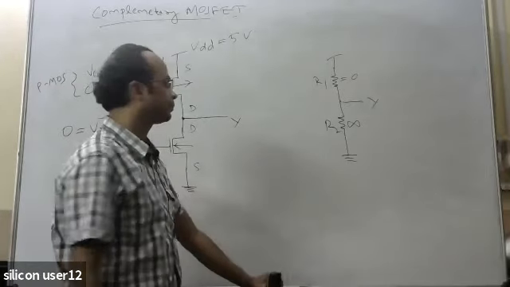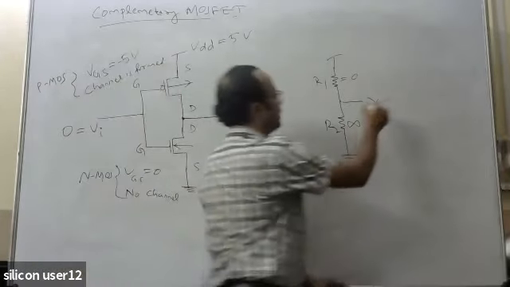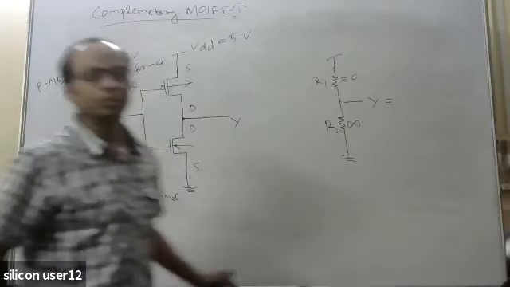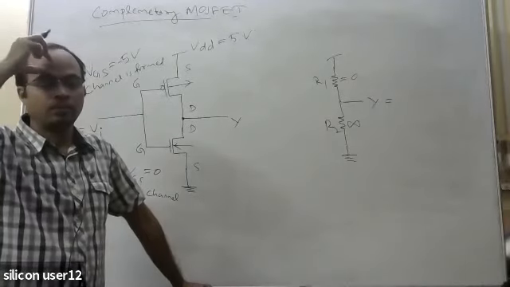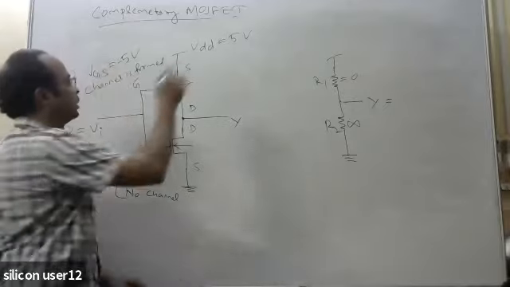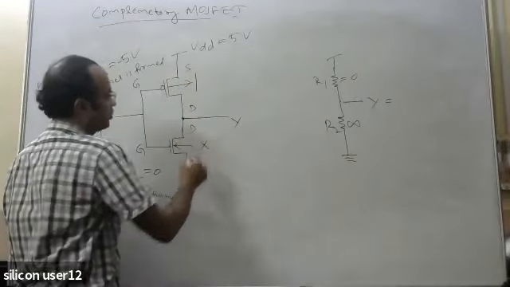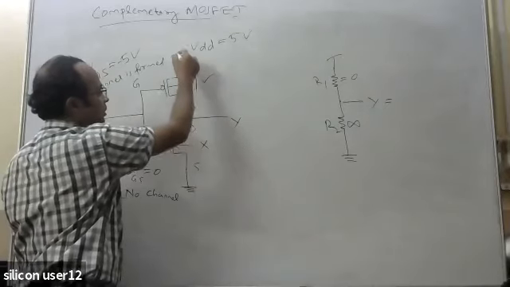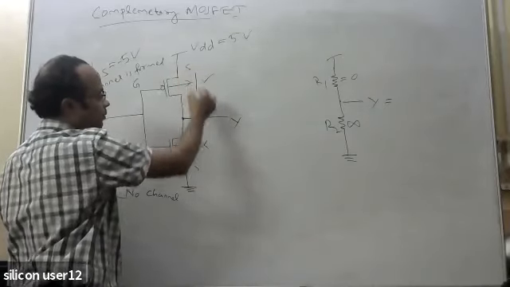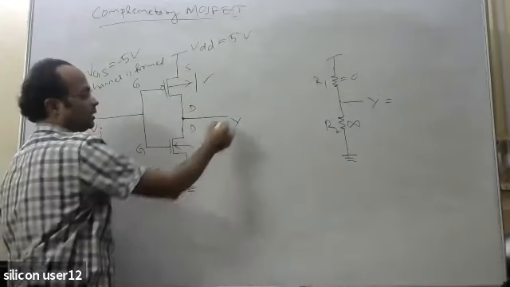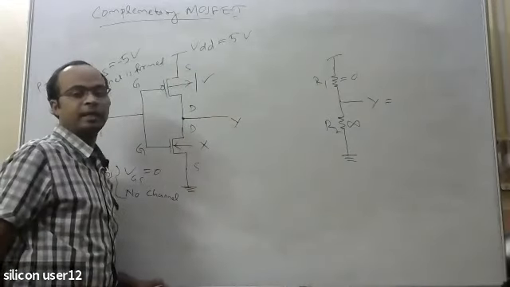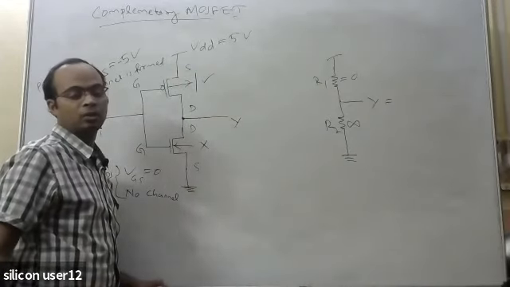So that means my Y, or output voltage, will be equal to how much? Simply look here: I have a path, this path is on, and this is VDD. In the PMOS there is a path and in the NMOS there is no path, so will Y be VDD or something else?